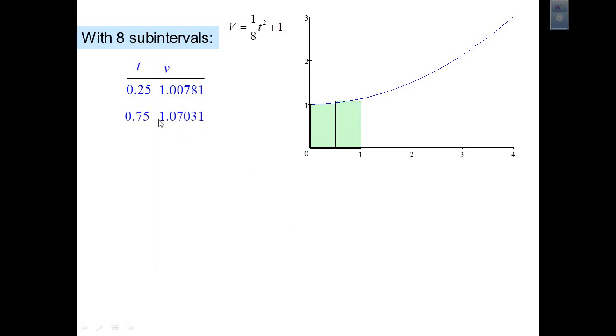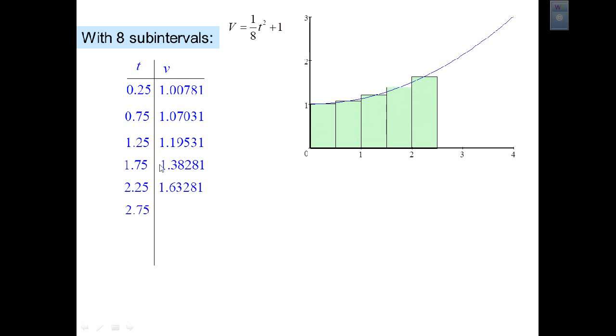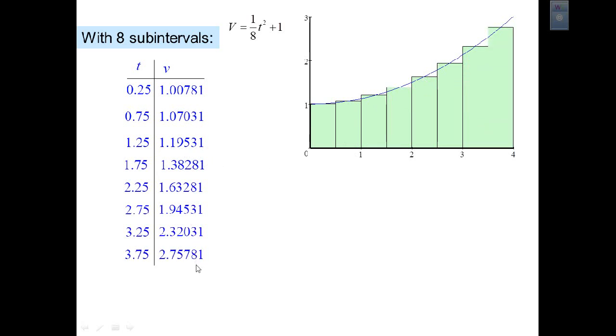So 0.75 would be 1.07031, 1.25, 1.19531. And all we're doing is we're evaluating the height at the midpoint of each one of our subintervals here and finding the answer. All right, and 3.75 is our last one. So notice we have 1, 2, 3, 4, 5, 6, 7, 8 values.